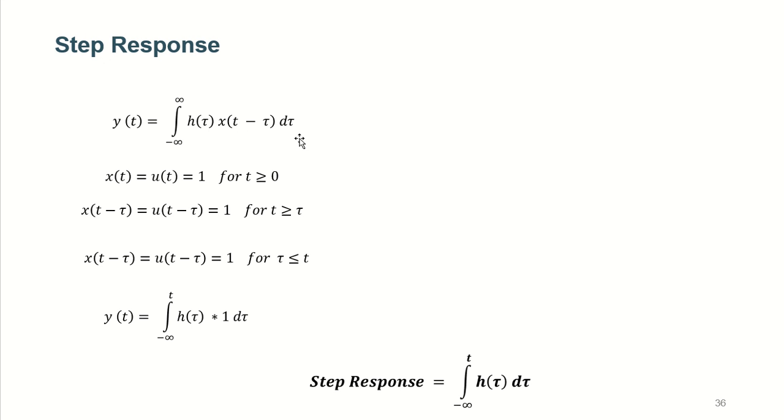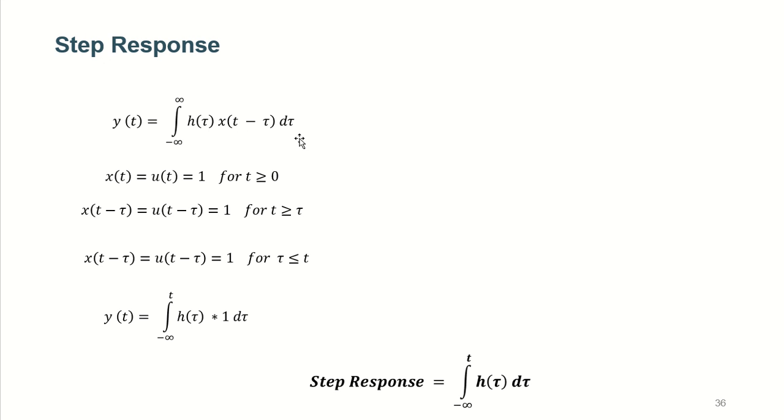Again, for x of t minus tau, we will consider a unit step signal here. For that, u of t minus tau will always equal 1 for all values of t greater than or equal to tau, right?